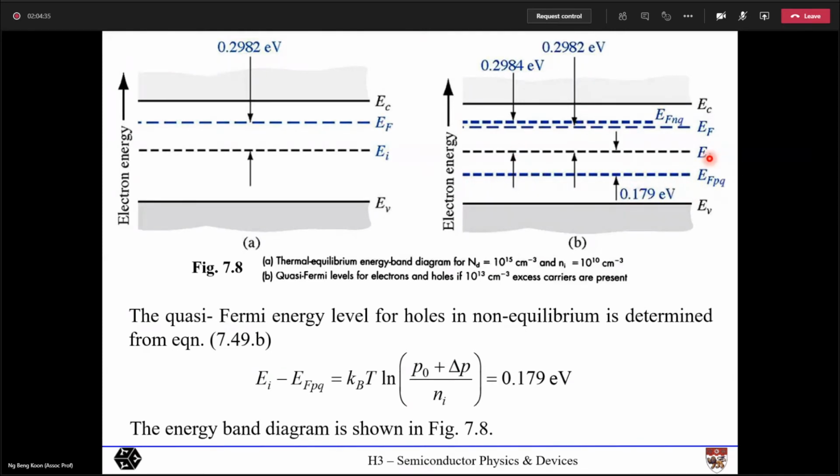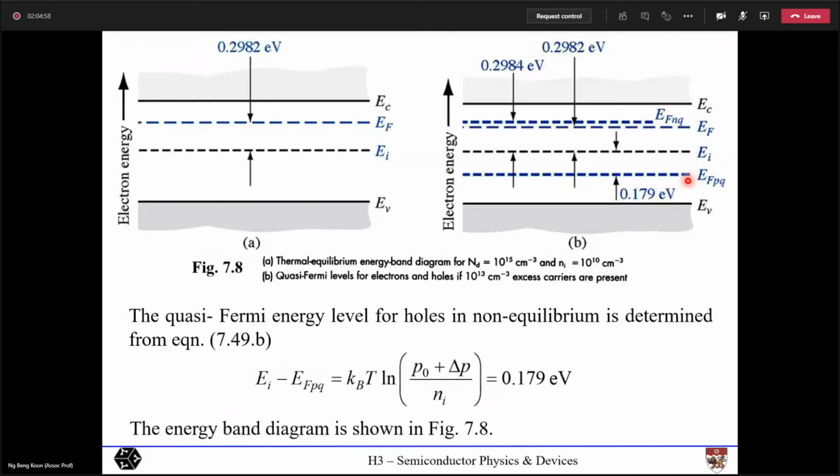That's why your Fermi level for the excess carriers now goes below Ei, because with that kind of concentration it's like a p-type doped semiconductor. So you expect this to go down a lot more because the excess carriers change it significantly.